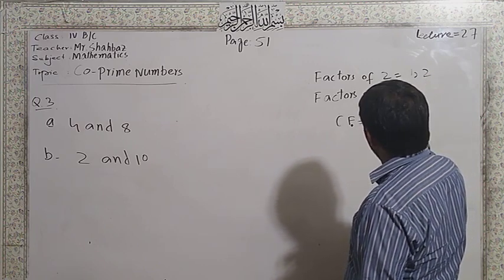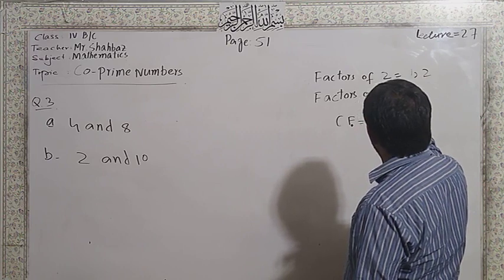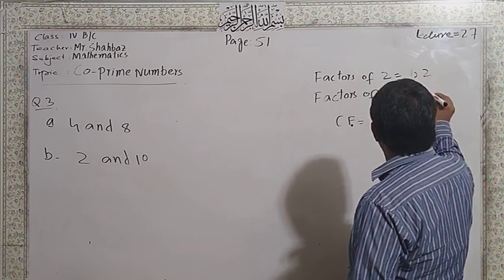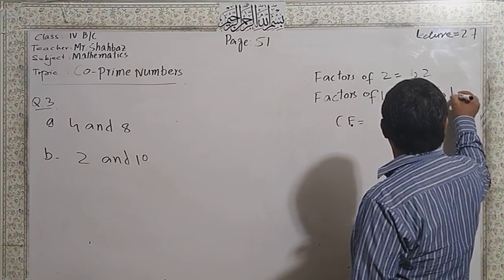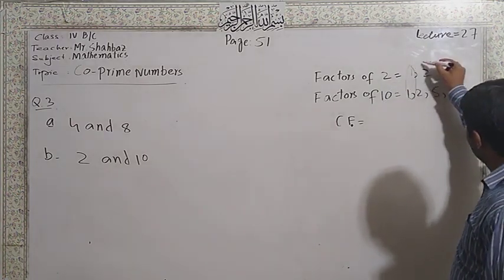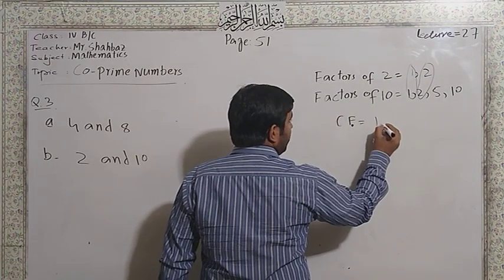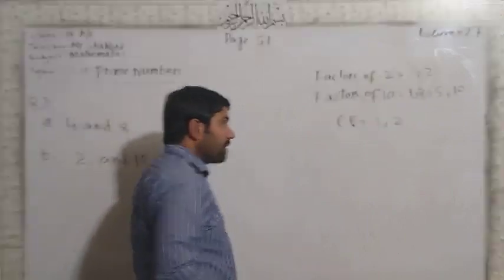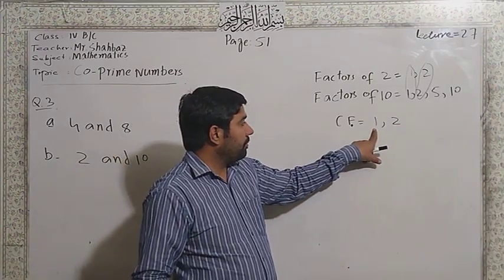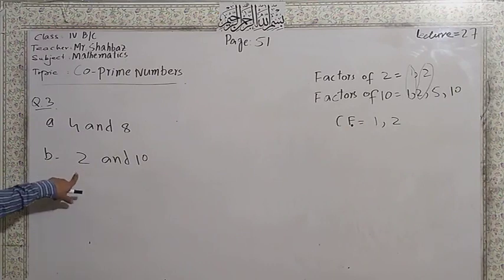Factors of 10: 1, 2, 5 and 10. You can see that the common factors are 1 and 2. These are also more than 1. Okay, these are also not co-prime numbers. You will not circle this one.